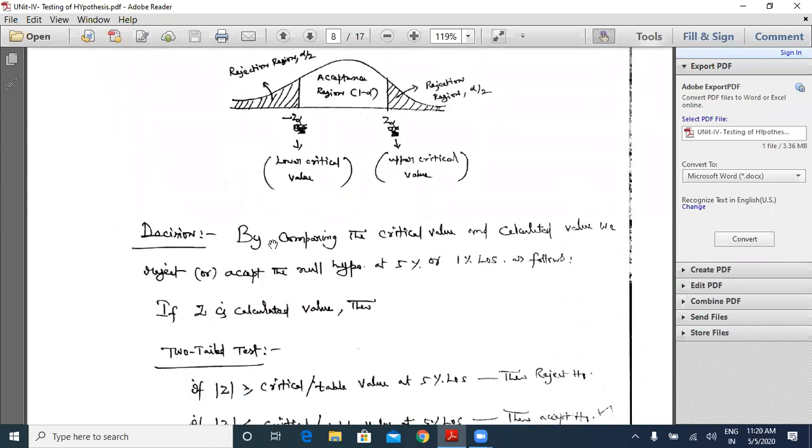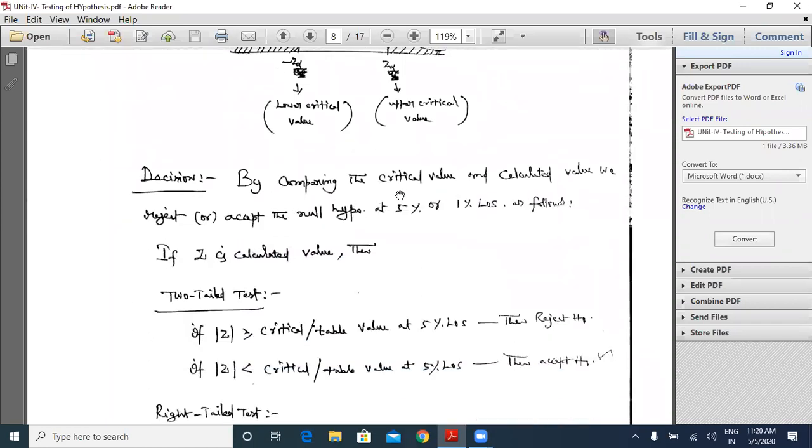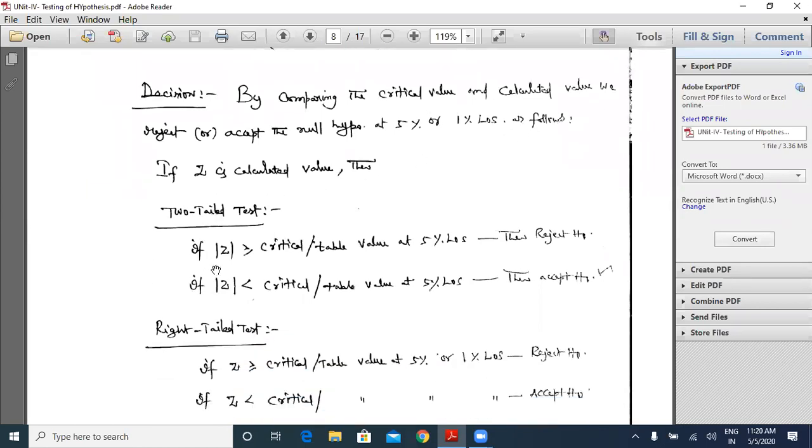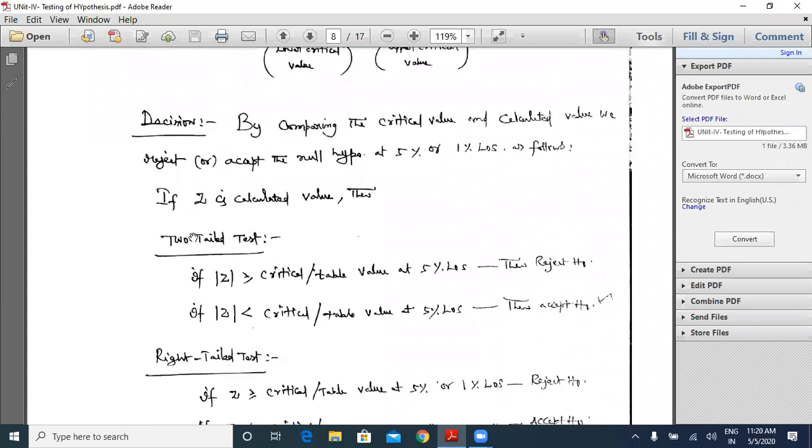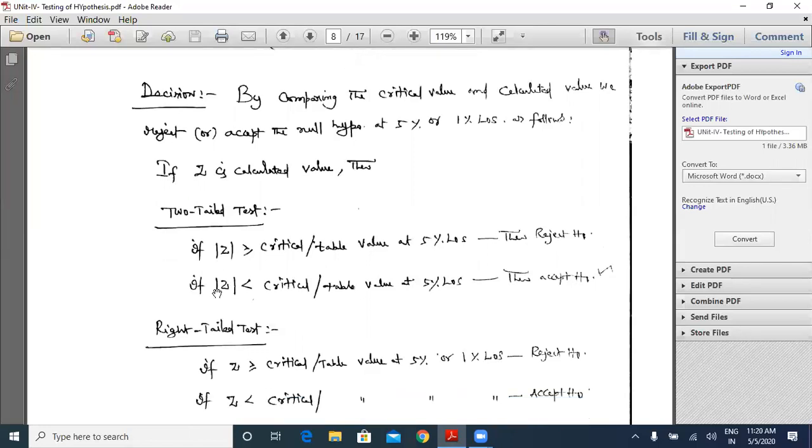Now by comparison of critical values and calculated values, we reject or accept the null hypothesis at 5% or 1% as follows. First, by using test statistic Z, if you calculated the Z value, that is called Z calculated value, then you have to use this.